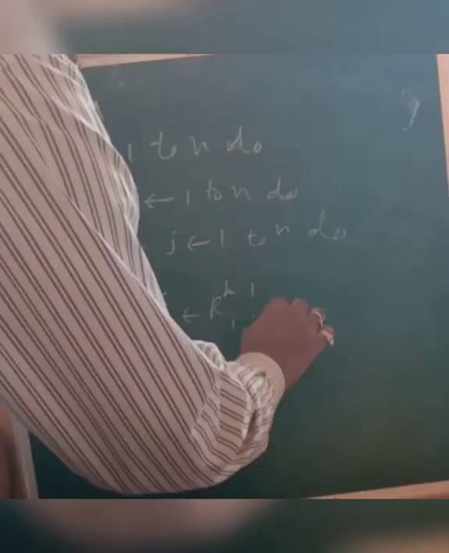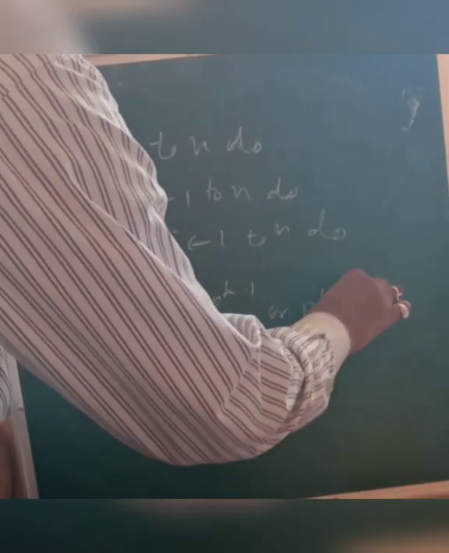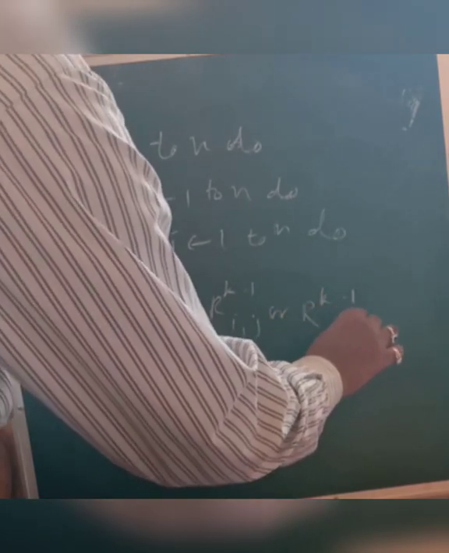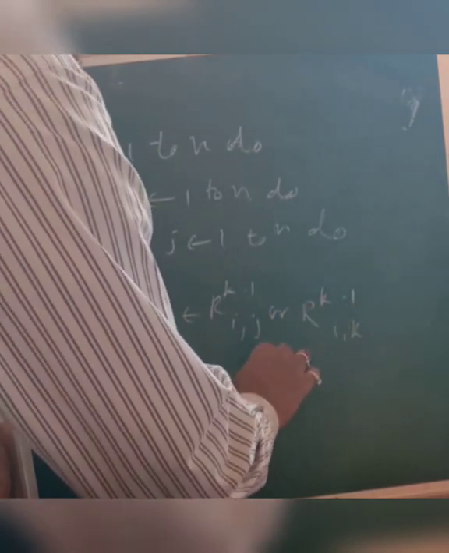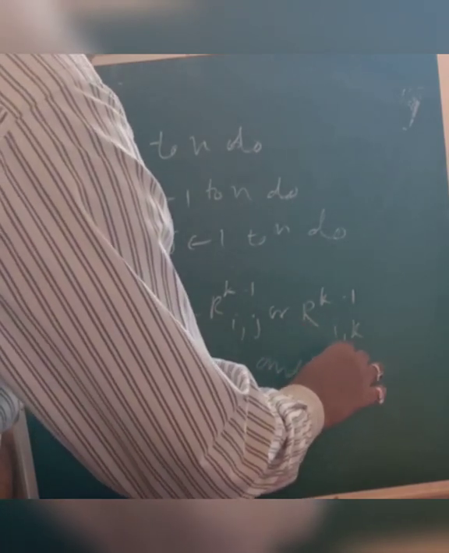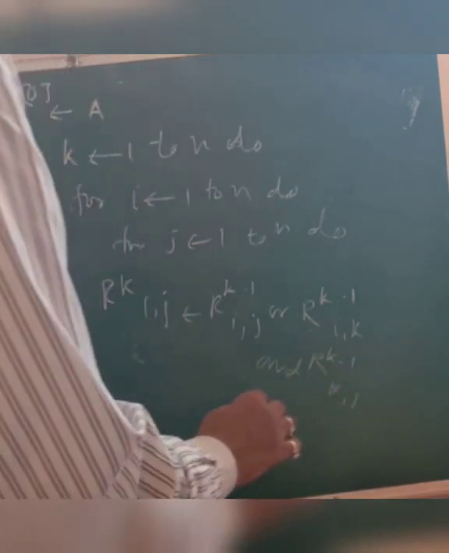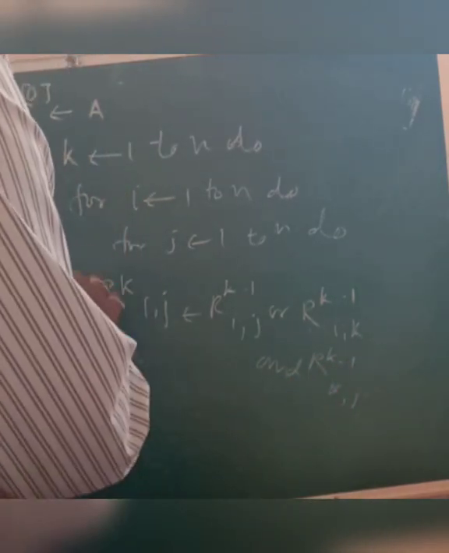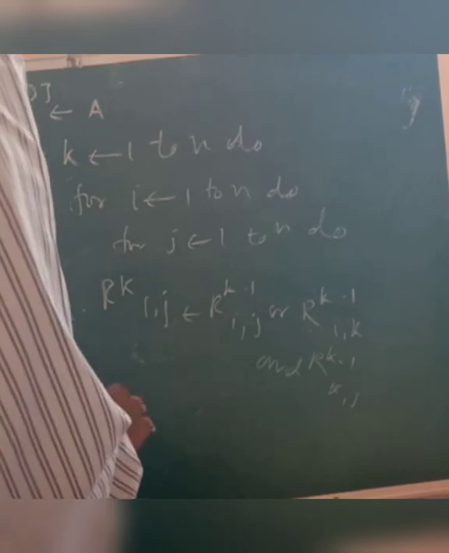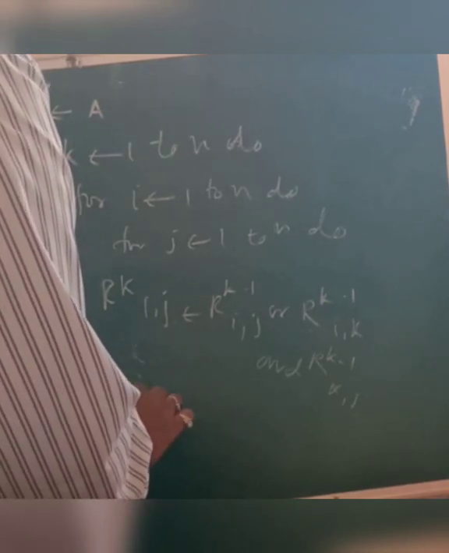or we can say R K minus 1 of Ik and R K minus 1 of Kj. So what you are going to return from all this is R of n, the last matrix.